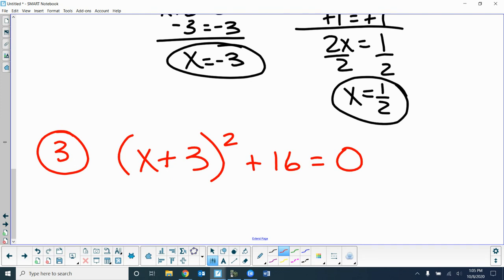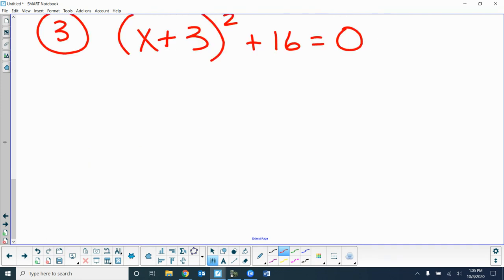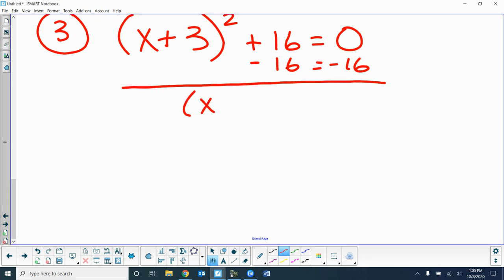So, Tasha, what are we going to do first? Very good. We've got to get that to the other side. Now the squared part's alone, so Liam, what do we do? Yep, square root both sides.